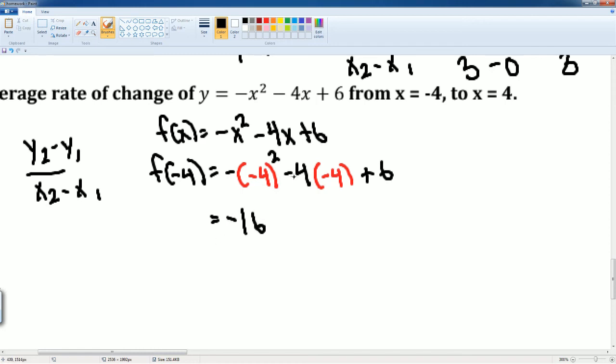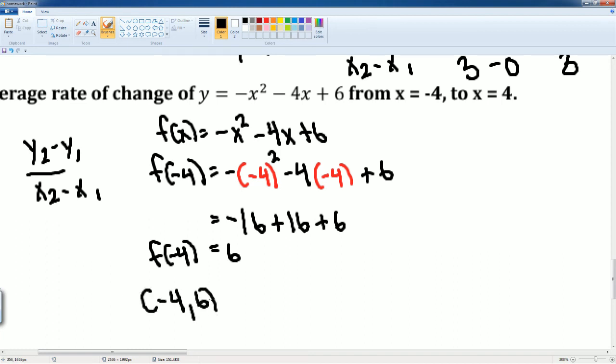So this is -4 times -4, so that's a positive 16, plus 6. Okay, and this should get you that value of 0, I believe. Let me double check here. Hold on. Yep. So this is 0 and that's 6. So this should get me 6. Good. So we can say that if we plug in that value in this function, x is -4, your output is 6. So that point would be (-4, 6). This would be your first point.